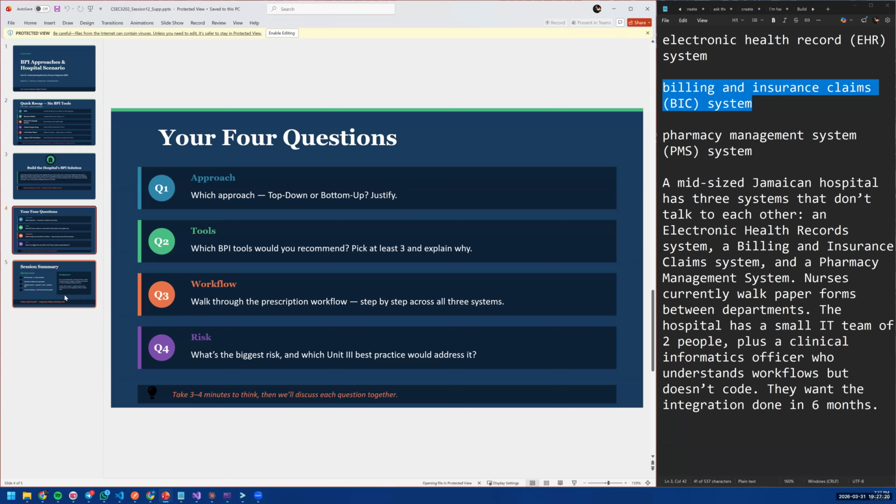So looking back at the scenario that was listed out before, the business processes that would be defined in this case would be, you have the doctor enter a prescription into the electronic health record system. Let me write this down.